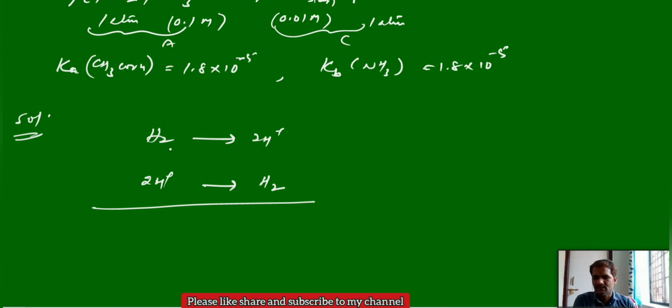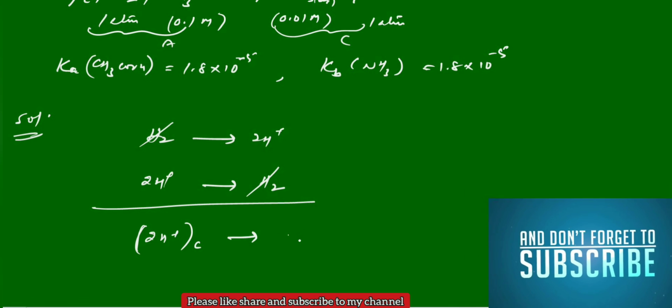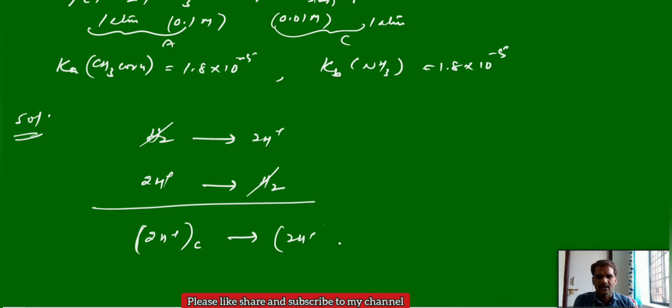In both cases the pressure is the same, so you can cancel it out. This is an electrode concentration cell, with 2H plus at the cathode and 2H plus at the anode. We need the H plus concentration at the anode and at the cathode. This we have to calculate.